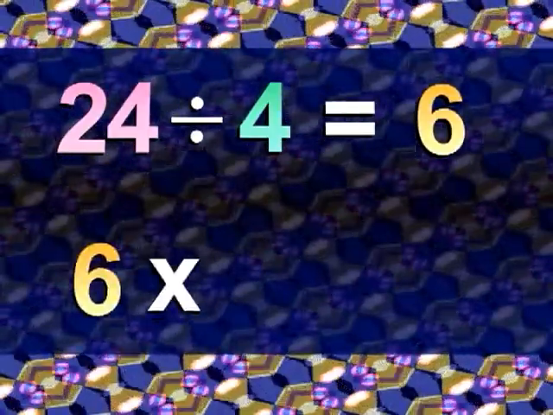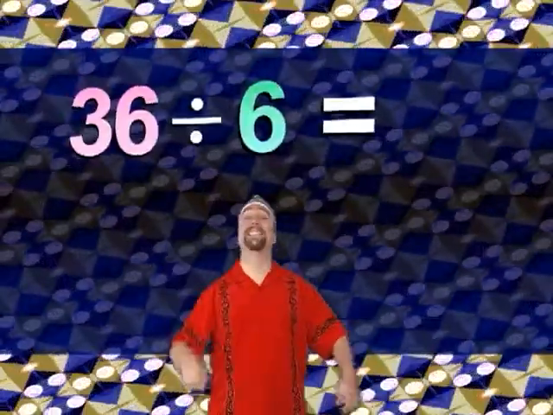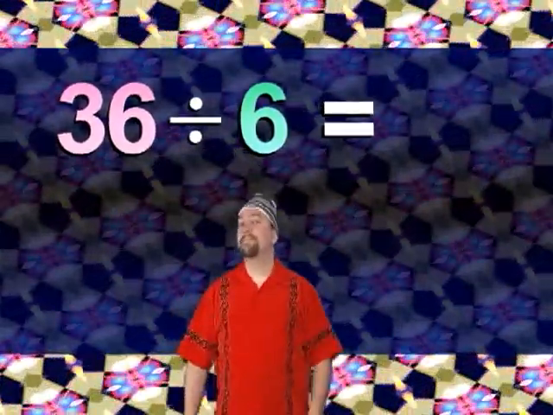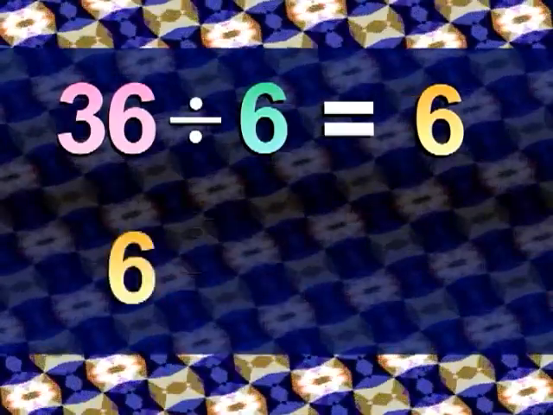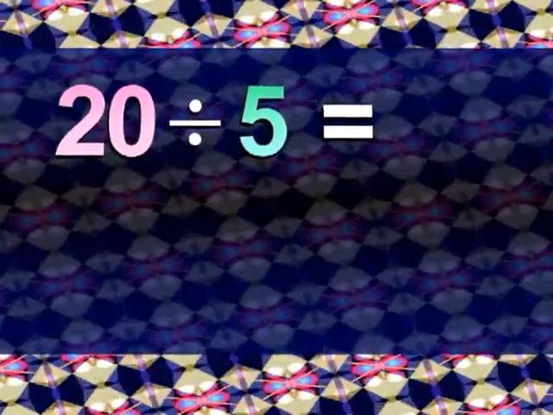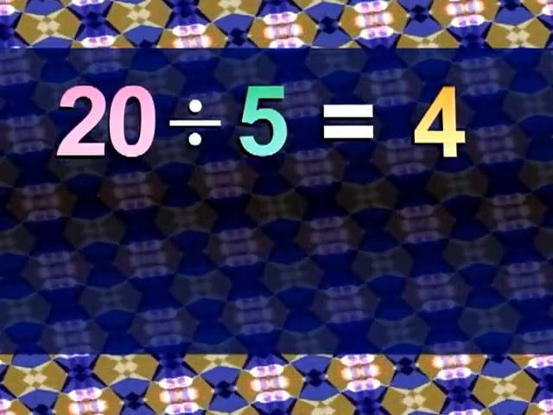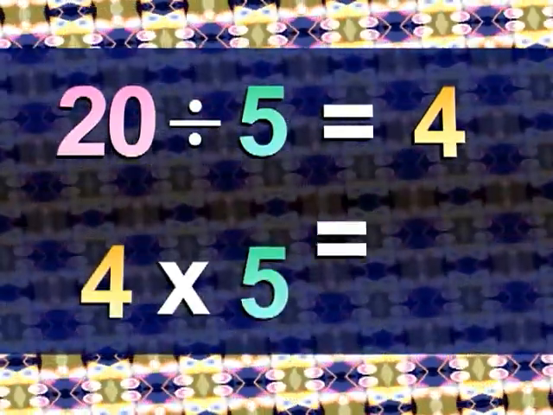Because 6 times 4 is 24. 36 divided by 6 is 6. Because 6 times 6 is 36. 20 divided by 5 is 4. Because 4 times 5 is 20.